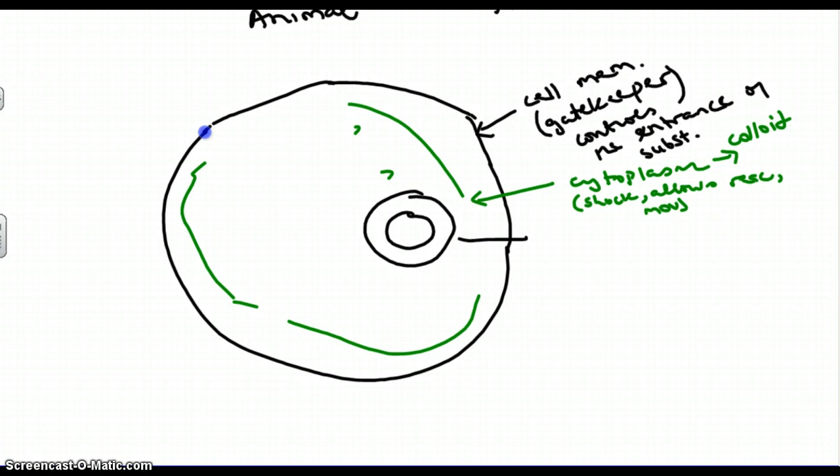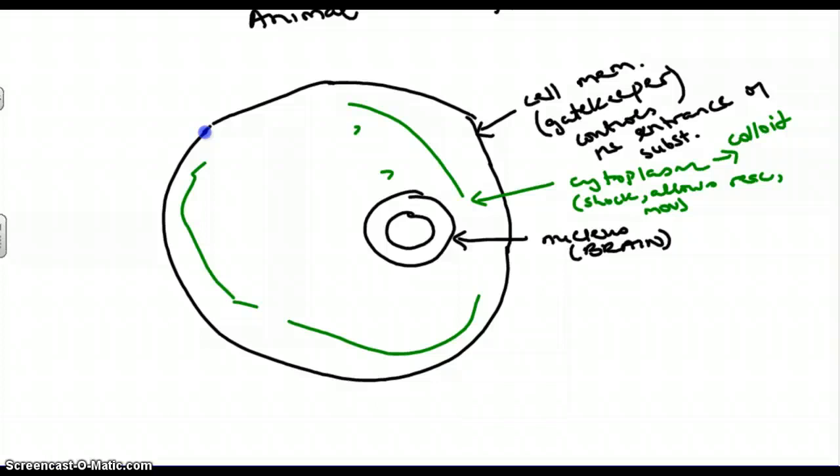The whole thing is considered the nucleus, and the nucleus is the control center. It is the brain of the cell. It contains the DNA and allows the cell to function.